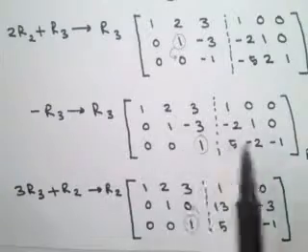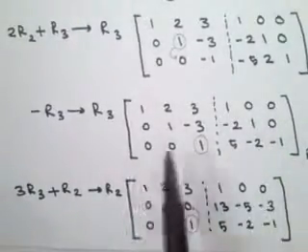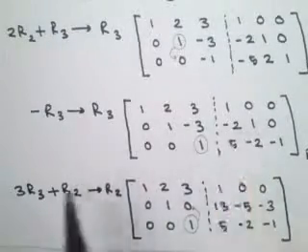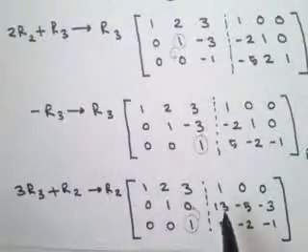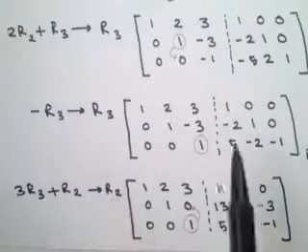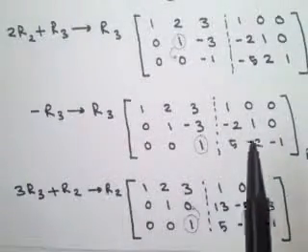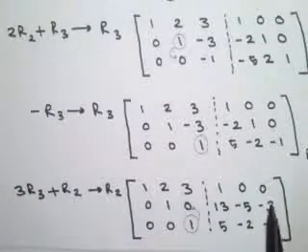We continue the process with these elements also: 5 multiplied by 3 plus 5 multiplied by 3 plus 2, we get 13 here, then 3 multiplied by -2, then we add plus 1, we get -5.